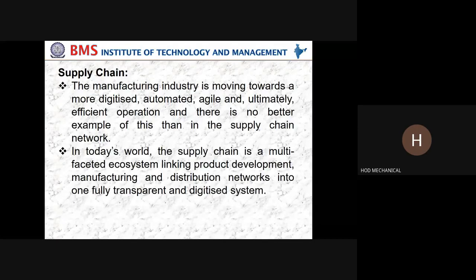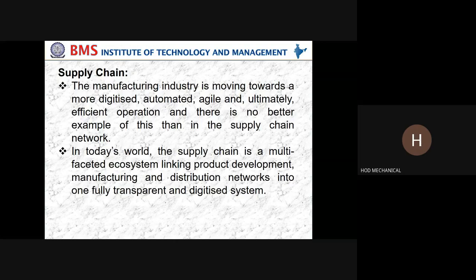Supply chain is basically the concept of moving. This is the new trend which is going on, which we generally call SCM, supply chain management. The manufacturing system is moving towards being more digitized, automated, agile, fast, and efficient in operation.